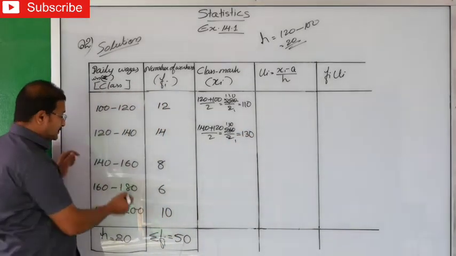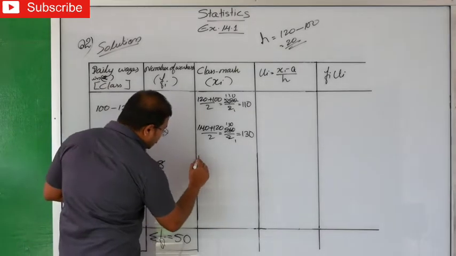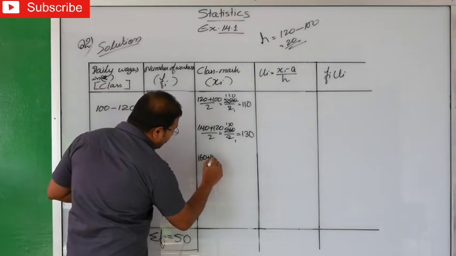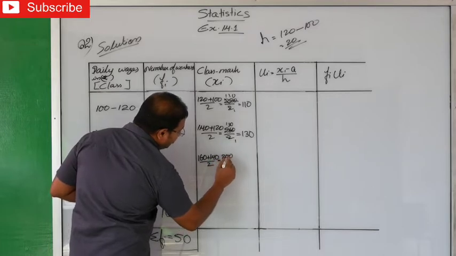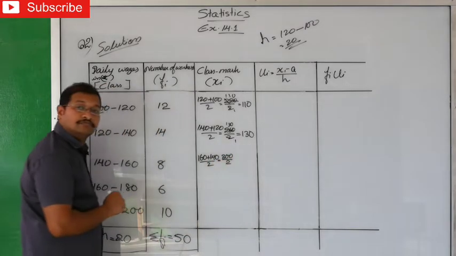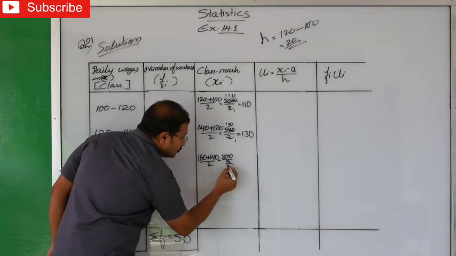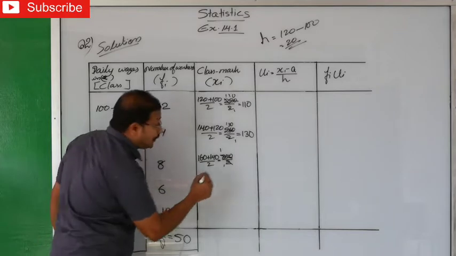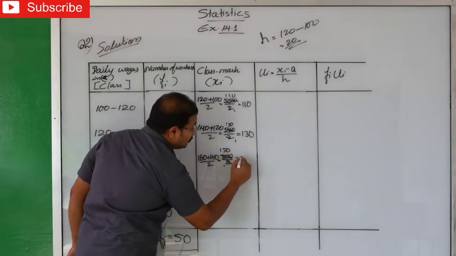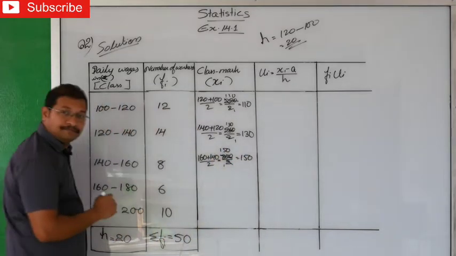Ready? Same way the next. 160 plus 140 divided by 2 equals 300 by 2, which is 150. Ready?